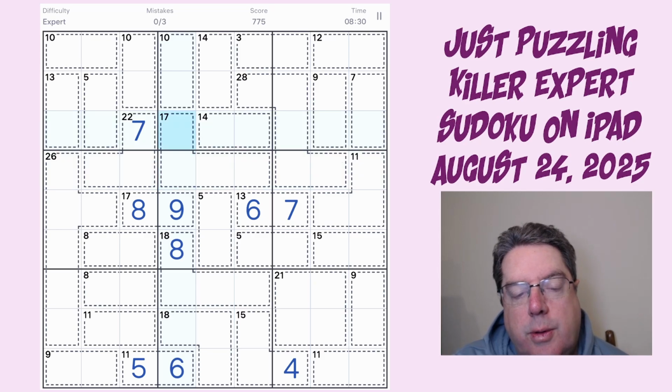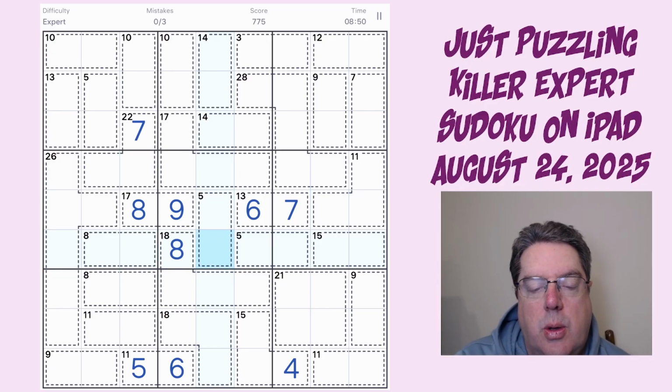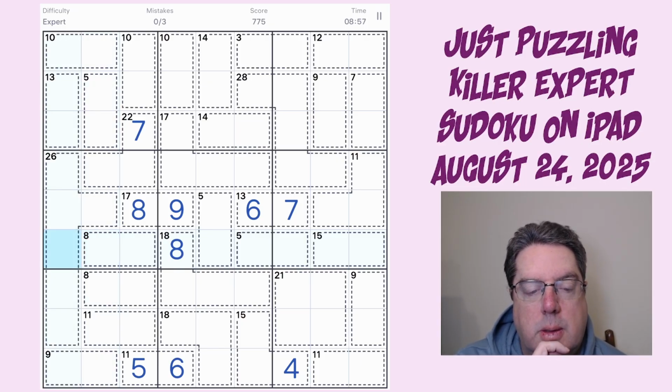So 5, this is going to be this number and this number's the same. But it could be anything. Well, it can't be 3 as a start. So it can be 2, it can be 1 or 4. So 9 and 6. 7's got to be over here, so 7's one of these two. 7's there.